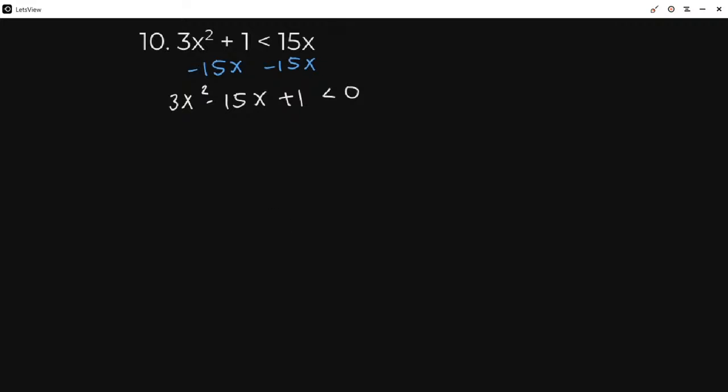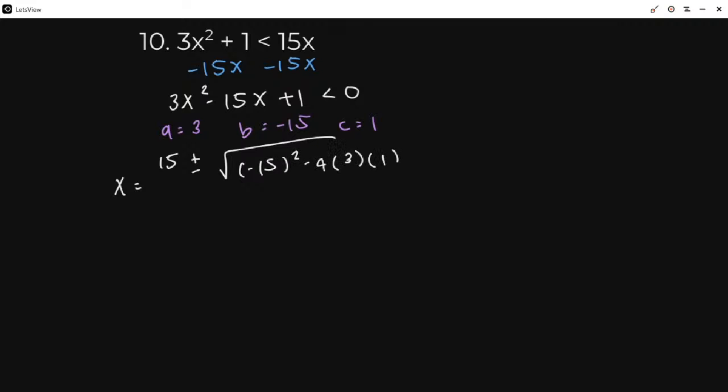So that means we have to solve by quadratic again. So a is 3, b is negative 15, and c is 1. So when we plug this in, we'll get 15 plus minus the square root of negative 15 squared minus 4 times 3 times 1, over 2 times 3.